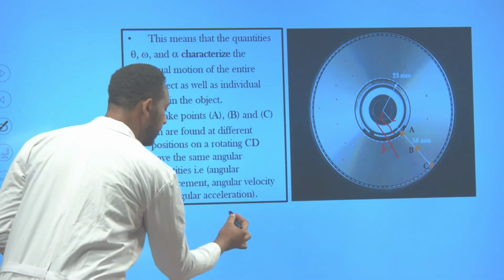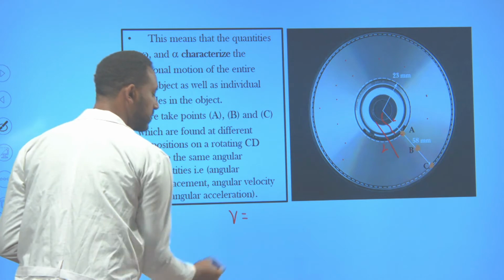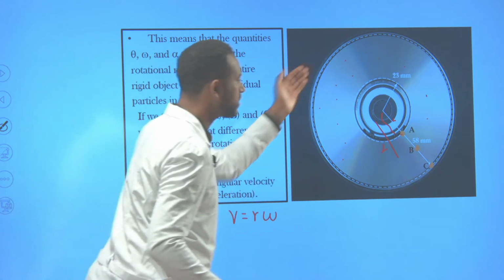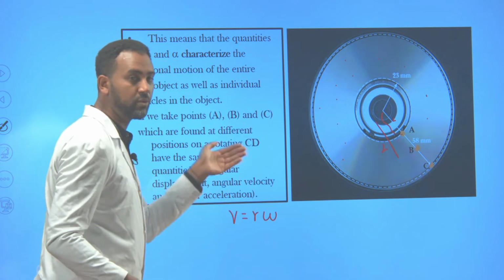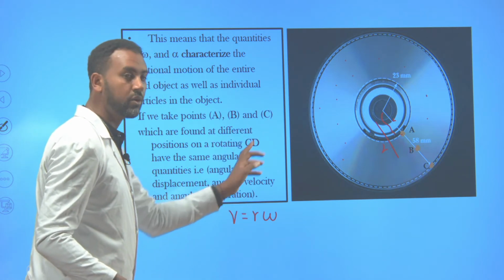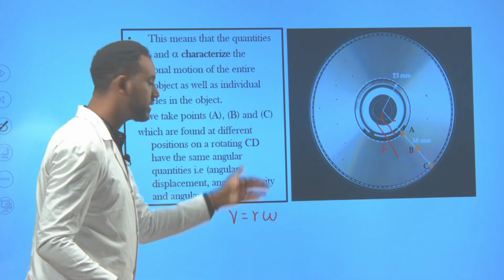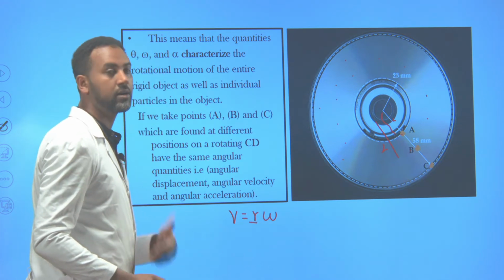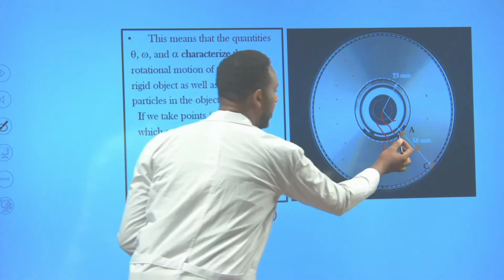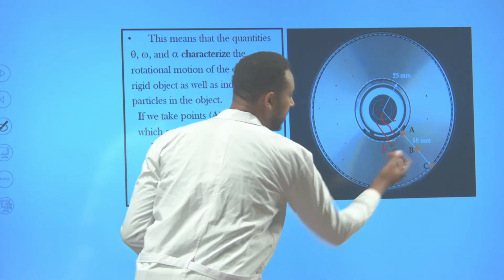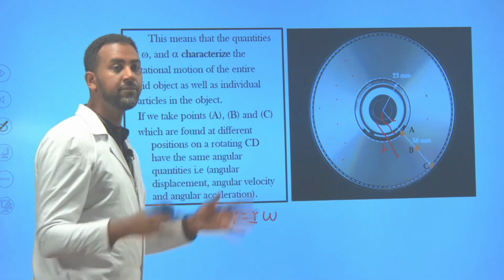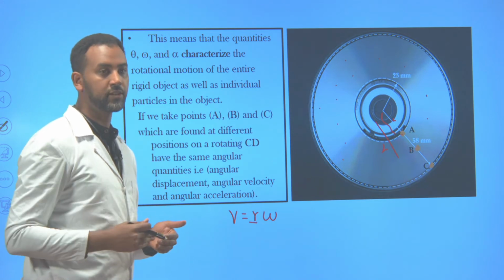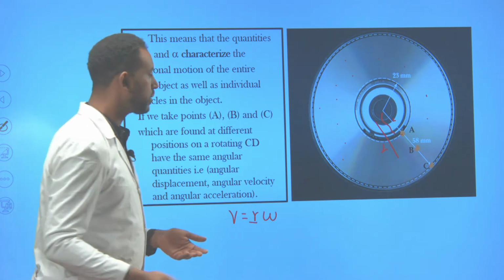The tangential velocity, as you have learned, is given as r times omega. So all the particles have the same angular velocity, but different particles have different tangential velocity depending on their radius r. Particles A, B, and C have different tangential velocities because they are found at different locations from the axis of rotation.